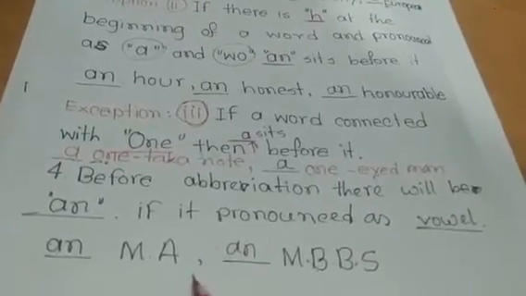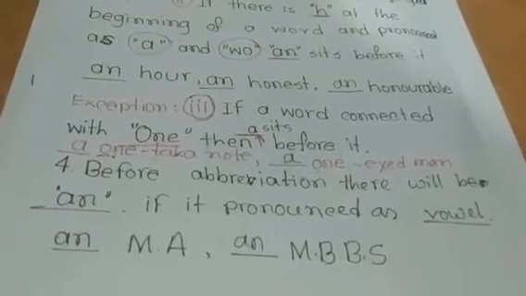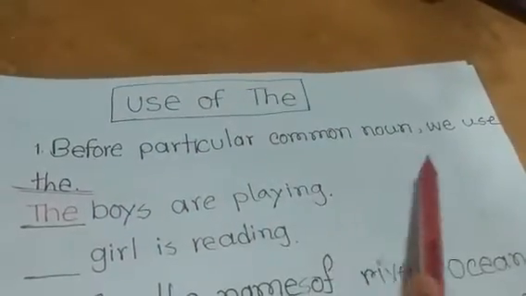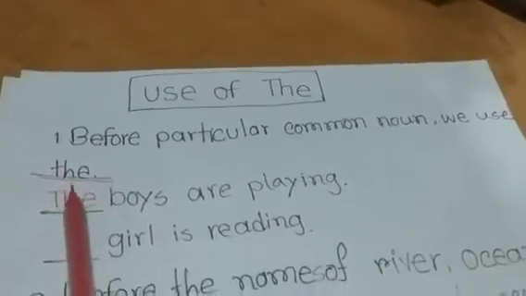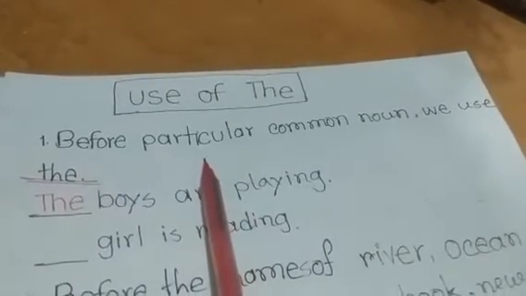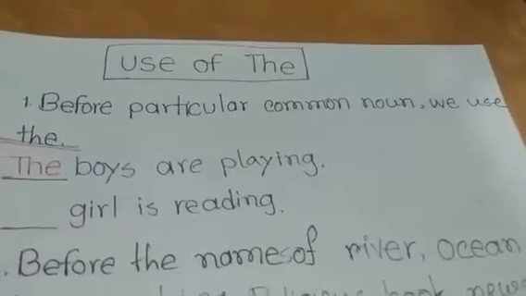Okay, let's go to the definite article "the". Use of "the". Before a particular common noun we use "the". Before a particular or definite or fixed noun, we will use "the".